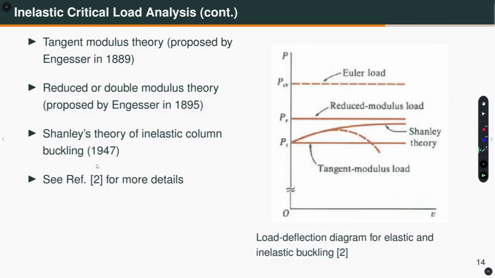After a few decades, Shanley developed a very simple column model to explain the concept of inelastic buckling and developed what is called Shanley's theory of inelastic buckling, which he did in 1947.